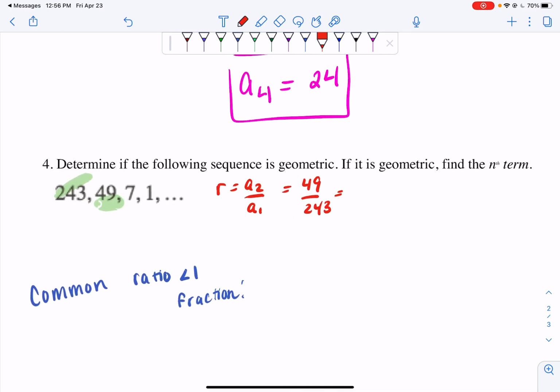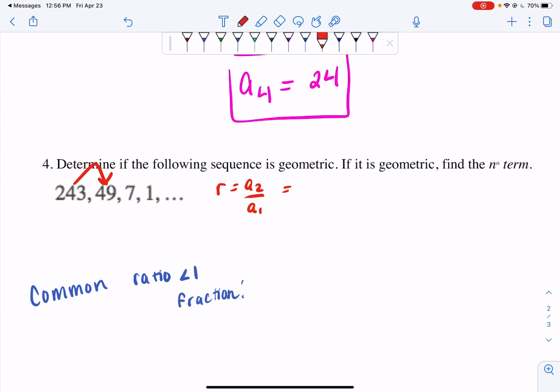Is this geometric? Let's look. If I look to get from a 243 to a 49, I would have to multiply by 49 divided by 243.